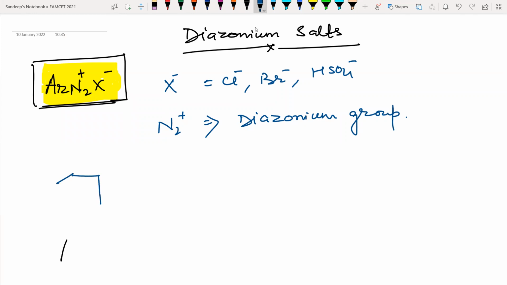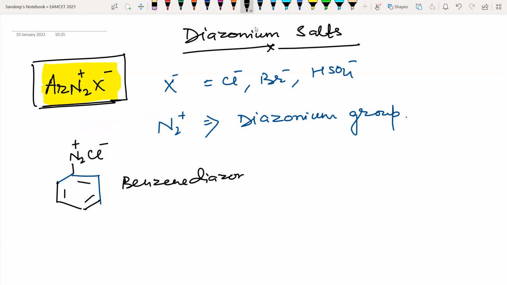Like if you draw a benzene ring with a diazonium group plus Cl minus, then it is called benzene diazonium chloride.